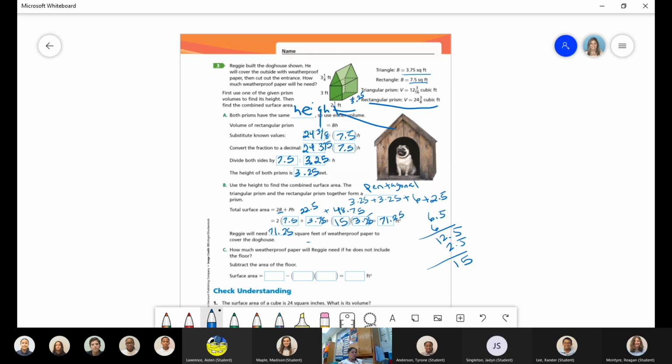All right, so what if we didn't want to do the bottom? Because that included the bottom, right? So if I don't want to weatherproof the bottom, I need to take the 71.25 and subtract it from that base area.